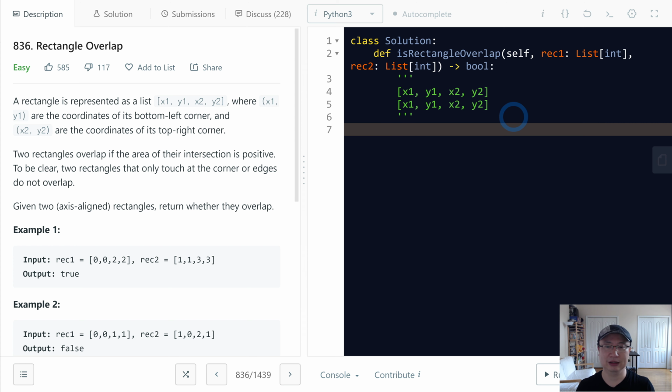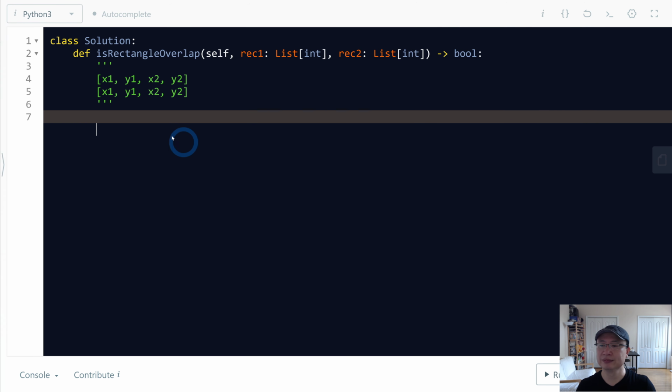So my code is, I will return not overlapping. So in this case, rec1 x2 is smaller than rec2 x1, or rec1 y2 is smaller than rec2 y1.